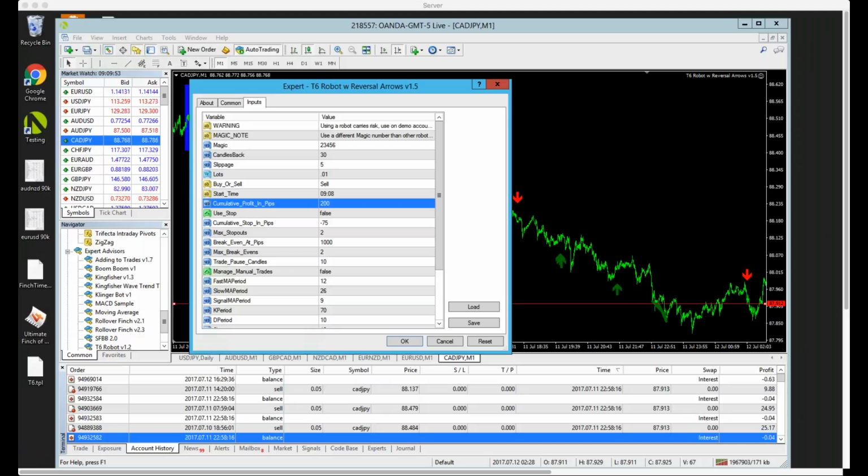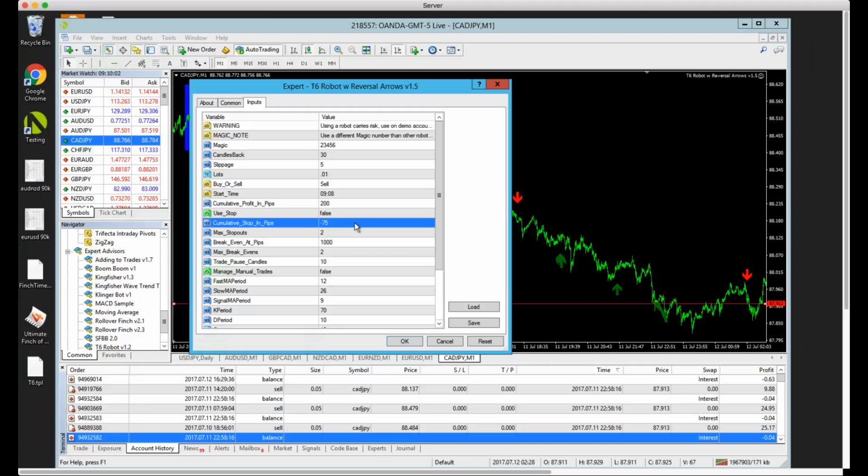When I do a trade, I'm usually using the 60-minute chart, and I found that a profit target between 200 and 400 works nice, and a stop loss between 75 and 125 works nicely on all of the currency pairs that I'm looking at. So I'll repeat that again. I like a profit target between 200 and 400 and a stop loss between 75 and 125. And I would recommend that if you're doing exactly what I'm doing and you've been watching all these presentations, you would probably choose something similar to that.